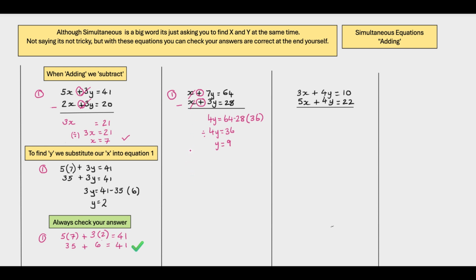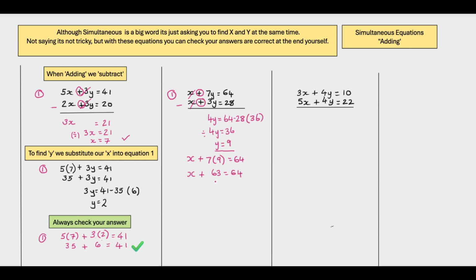Now we're going to find x this time. So we're going to do x plus 7 times 9 equals 64. So we have x plus 63 equals 64.